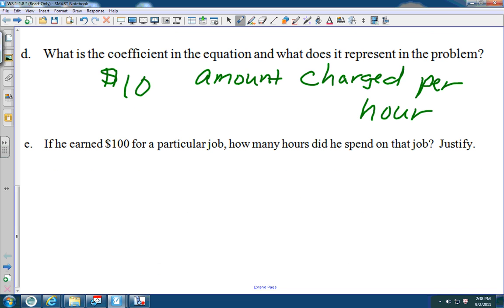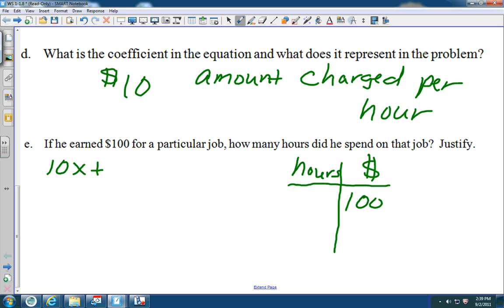All right, this next one down here says if he earns $100 on a particular job, how many hours did he spend on it? Well, if I made my table, remember the x is the hours and the y is the amount of money. So I need to figure out where this is 100. One way I can do this is by taking 10x plus 20, my equation, setting it equal to 100.